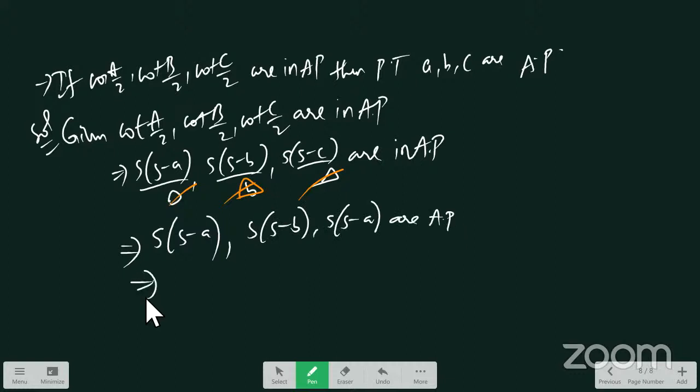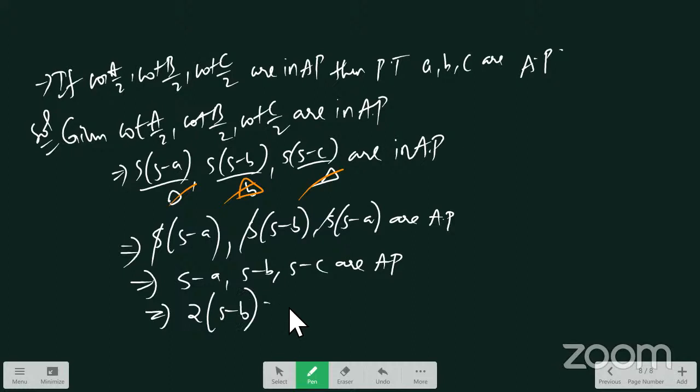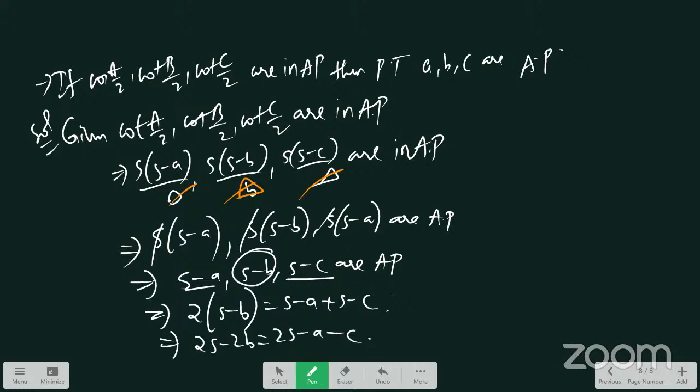This s is also common. So s minus a, s minus b, s minus c are in AP. If they are in AP, means what? Twice the middle is equal to sum of the extremes, correct? That implies 2s minus 2b equal to 2s minus a minus c. 2s gets cancelled.